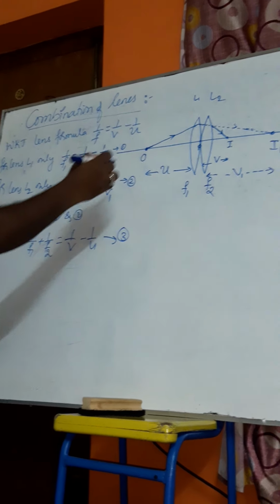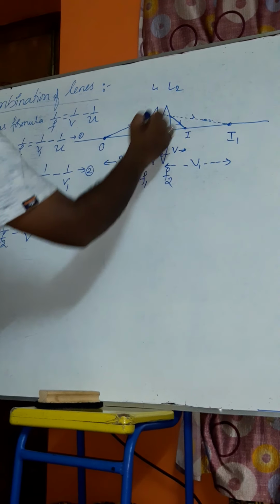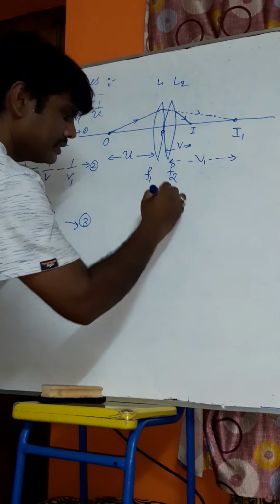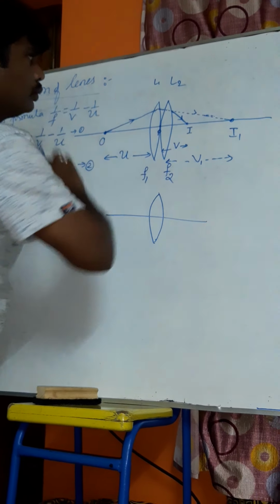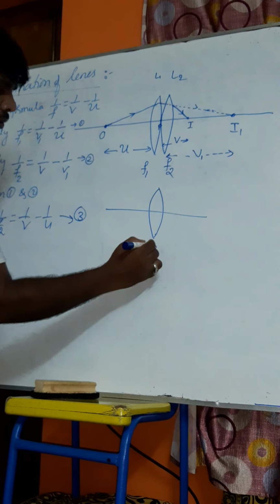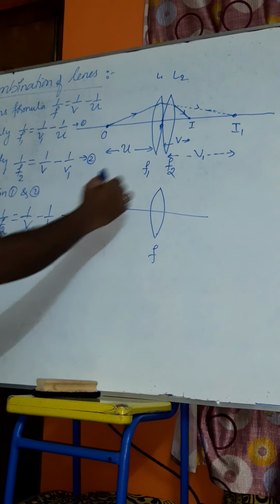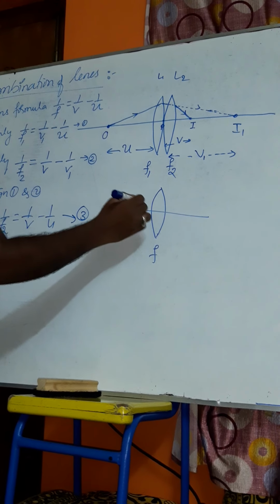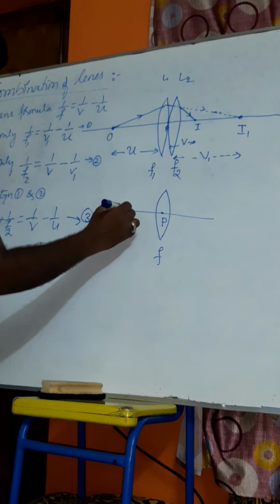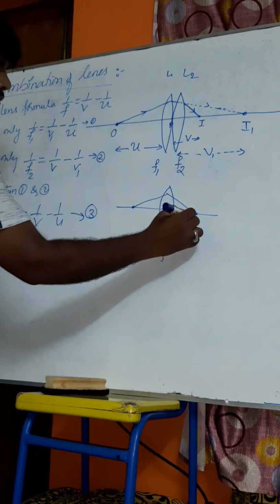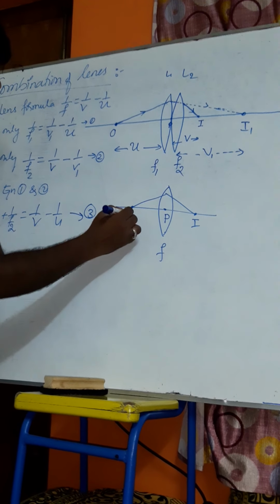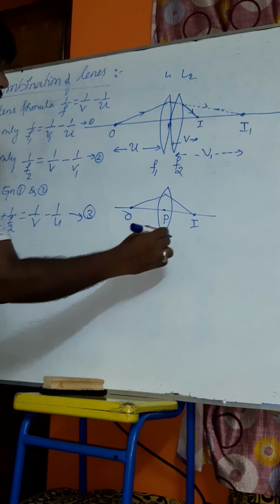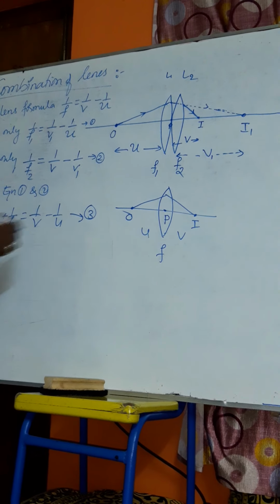Now let us consider, by combining these two, this acts like a single lens. These two will act like a single lens whose focal length is f. L1 and L2 form the single lens whose pole is P. This is object O, this is the final image. u is object distance, v is image distance.